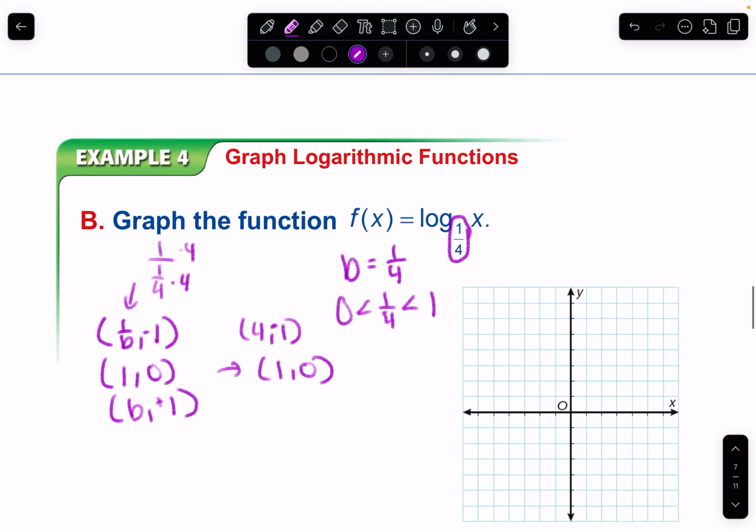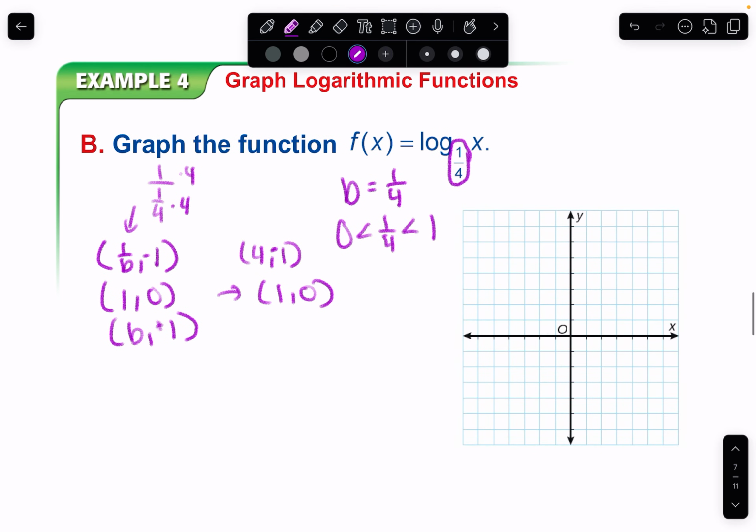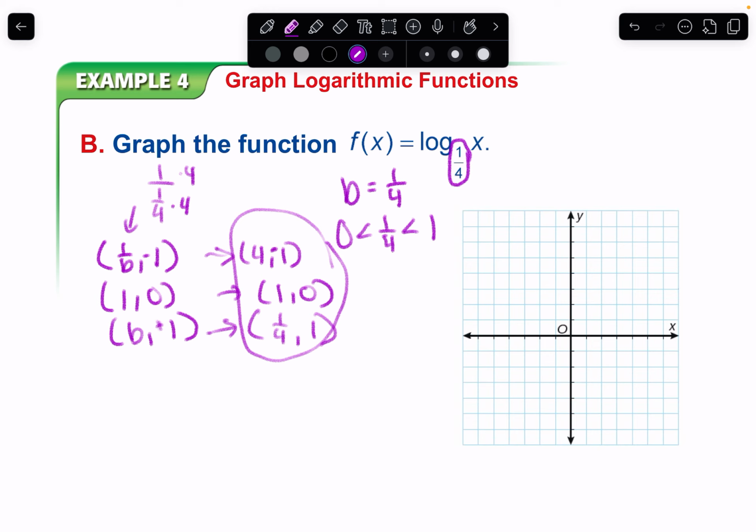So these are the original points, same from the last one. So 1/b, -1, 1, 0, and then b, 1. Your b value is 1/4. So when I plug that in, I would have 1 over 1/4, so I'm going to end up multiplying by 4, which really just gives me 4 and then -1. Then this ordered pair down here would just plug in 1/4 and then 1. So these are the 3 ordered pairs that I am using to graph.